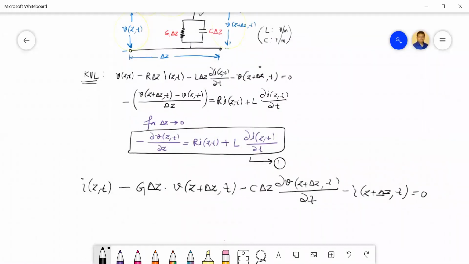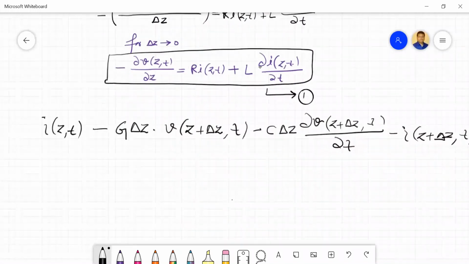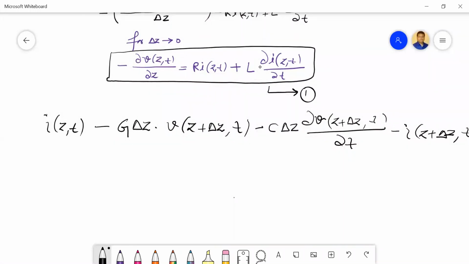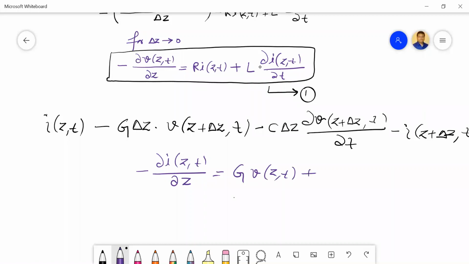Now similarly we'll rearrange the equations, and if you rearrange the things, you can write a similar kind of equation: minus dou i z comma t divided by dou z equals g v, a function of z comma t, plus c dou v z comma t divided by dou t.